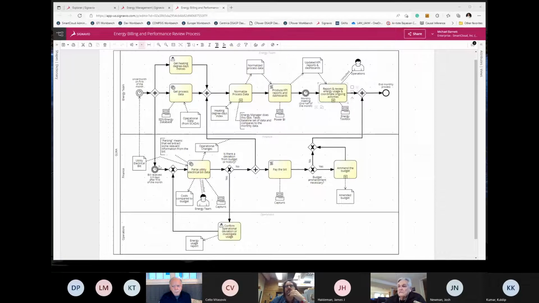And after a couple, three days, there's another event that occurs. These are events, these little round things. And then when that happens, they look at the utility data. The energy team is involved. Remember, this is the finance group. This is the role that has primary responsibility. But the energy team is involved in this.